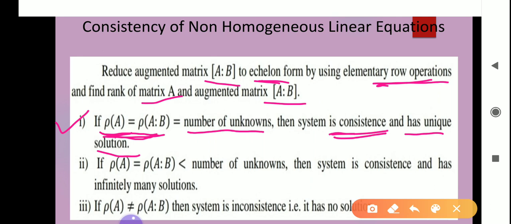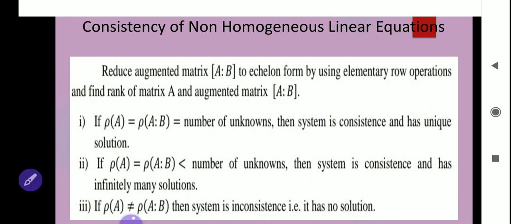So we get a unique solution if rank of A is equal to rank of AB equal to the number of unknowns. Second condition: sometimes suppose a 3 by 3 matrix is given, and we get rank of A equal to 2, and rank of AB is also 2, say.